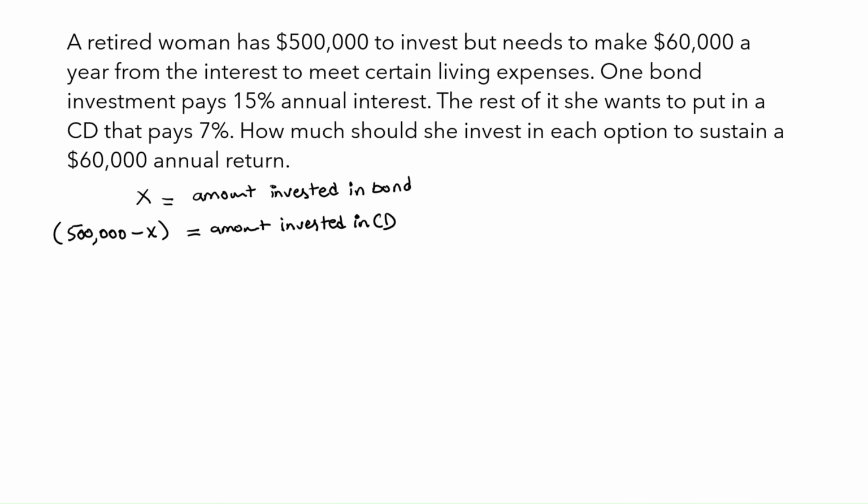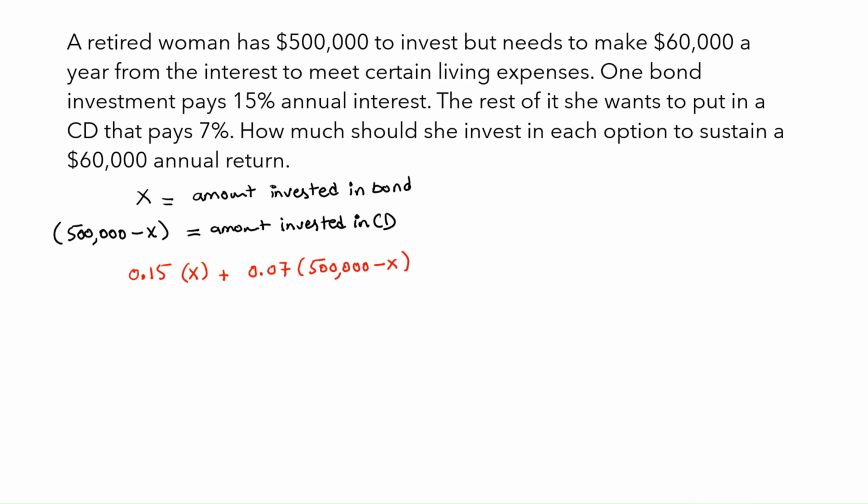So I can write 0.15, that is the 15% that she will be getting on amount x, plus she is getting 7%, so that will be 0.07, or 7 divided by 100, and she is going to invest 500,000 minus x.